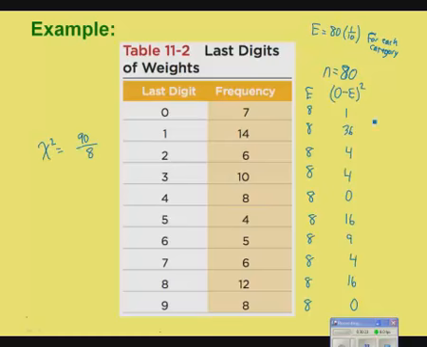Well, no. What you're really supposed to do is do O minus E squared, and then divide by E, and then add them up. But in this example, because it's 8 every single time, yeah, it's going to be 90 over 8.